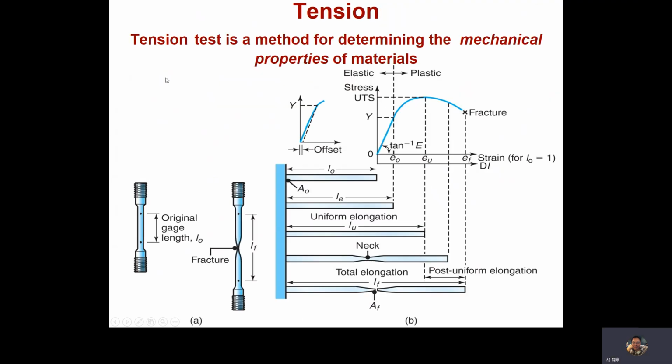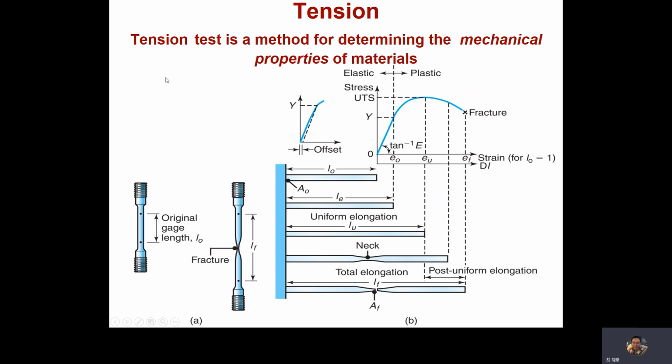Okay, so let's look into the detail of the tensile test for metals or alloys. Initially, when we pull a metal rod or plate, its cross section will remain the same.